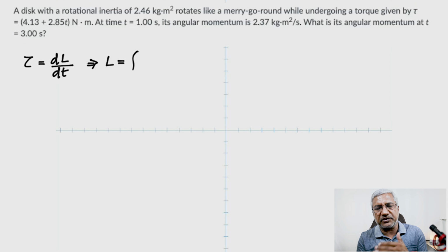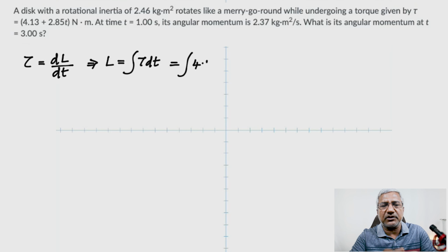Okay, and since we are looking for angular momentum, angular momentum is made the subject, and so you're going to get integral tau dt. And then put in the function given, which is 4.13 plus 2.85 t, dt. Integrate that expression.